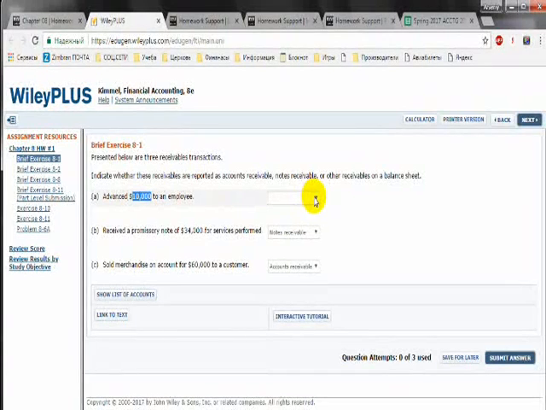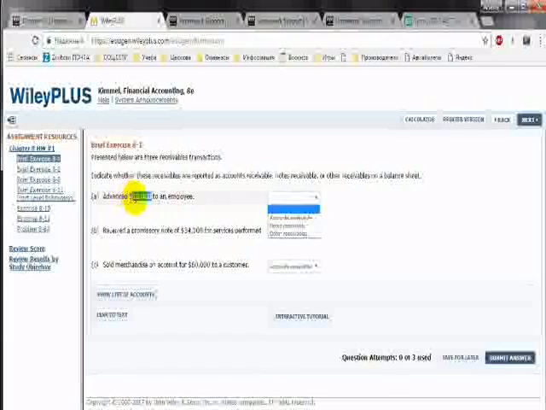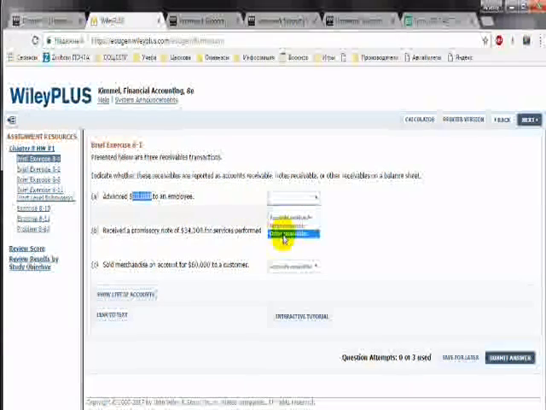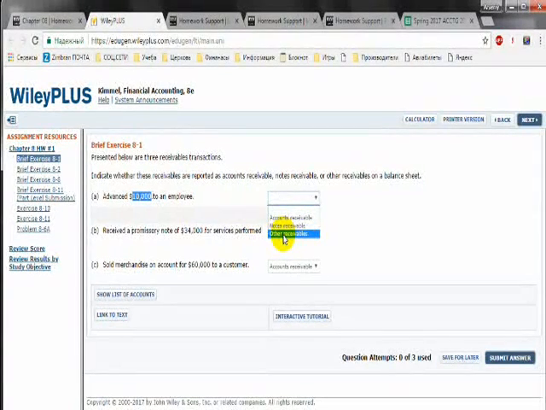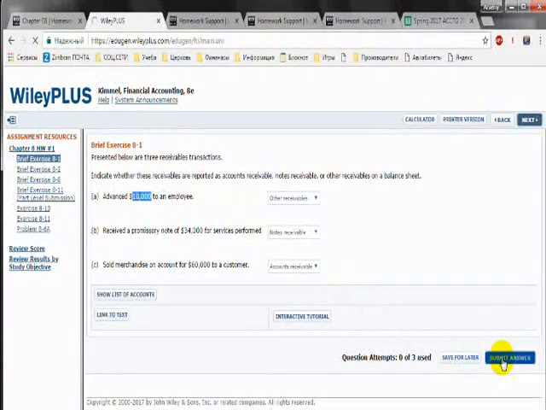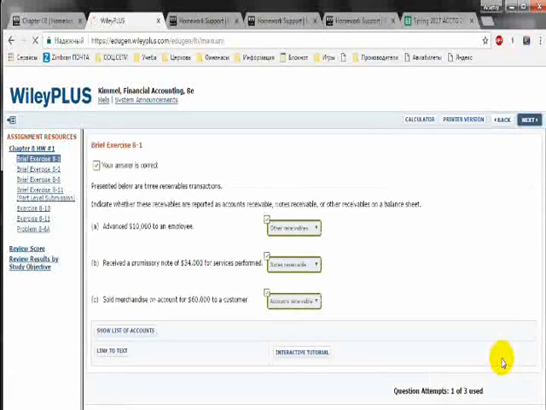This is the same type of asset, but this is not operational. There was no sale for that. So this is other receivable. Let's try. Correct.